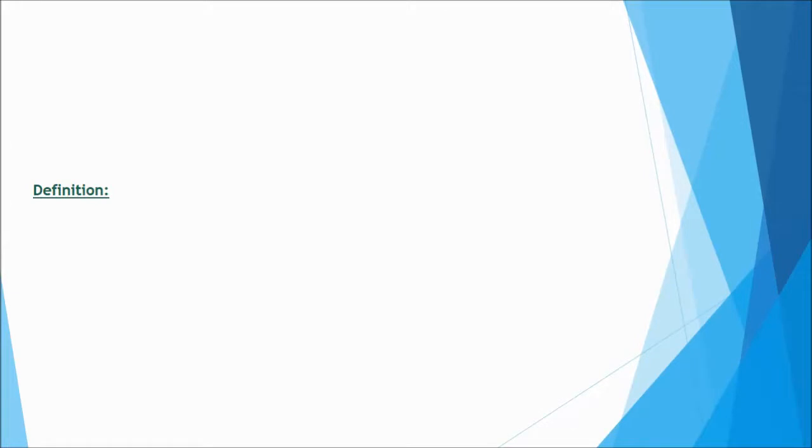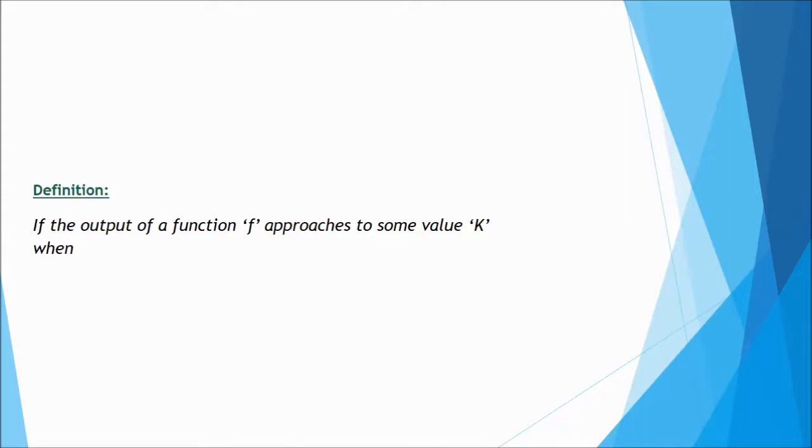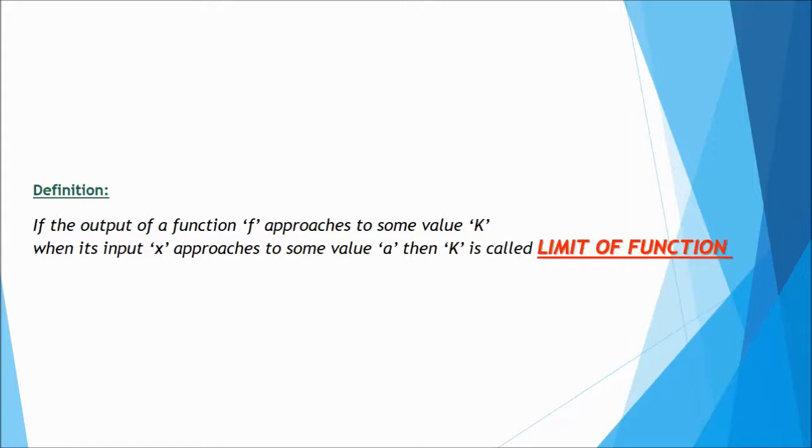Now let's define the limit of a function. If the output of a function f approaches to some value k when its input approaches to some value a, where a may be any value, then that value k is the limit of the function f, isn't it?